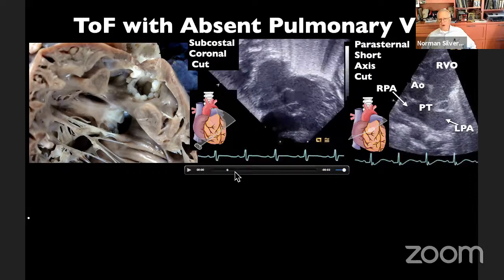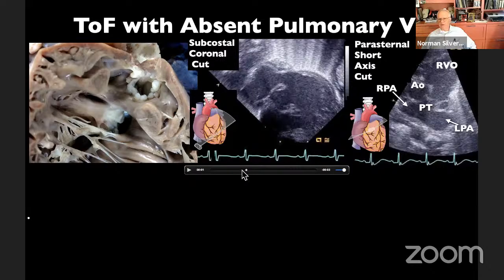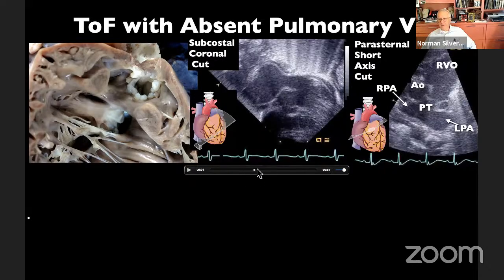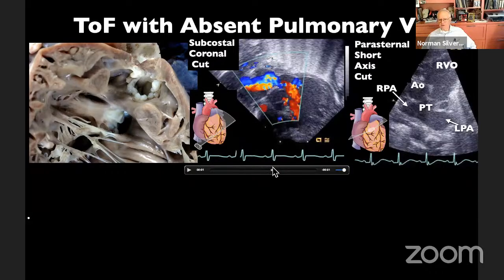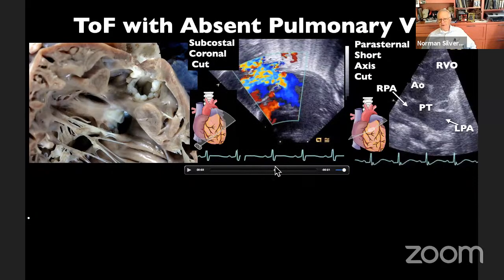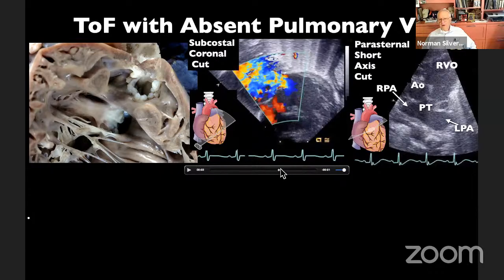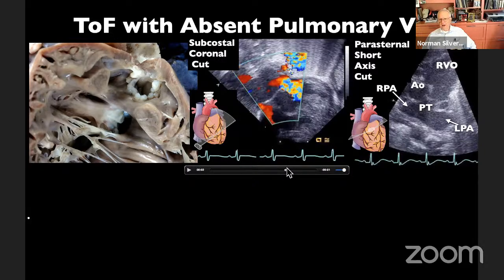Here is the black and white image showing this little ridge of tissue. And then when we get into the color flow system, you'll see here systole, and there's the stenotic signal across the valve with the proximal isovelocity surface extension, and then in diastole coming back into the valve. So let's let that play.